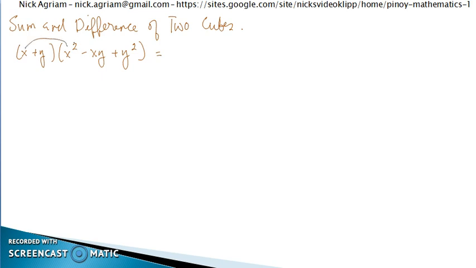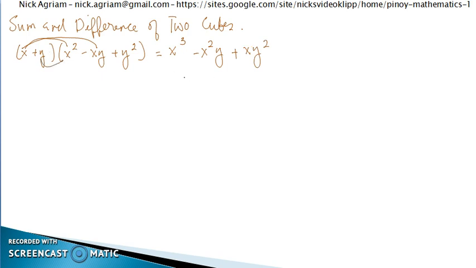By multiplying that, we have x raised to 3. We have negative x squared y, and then we have xy squared for the last term.